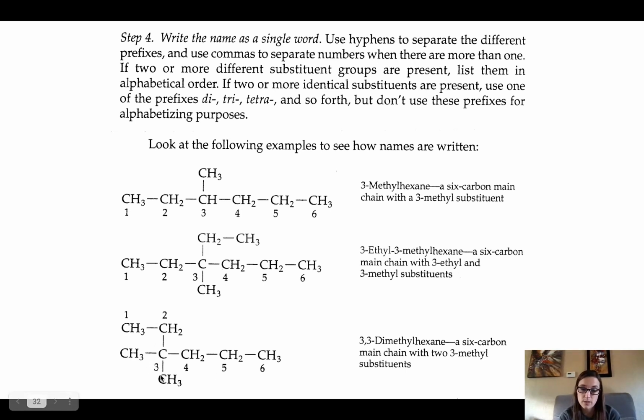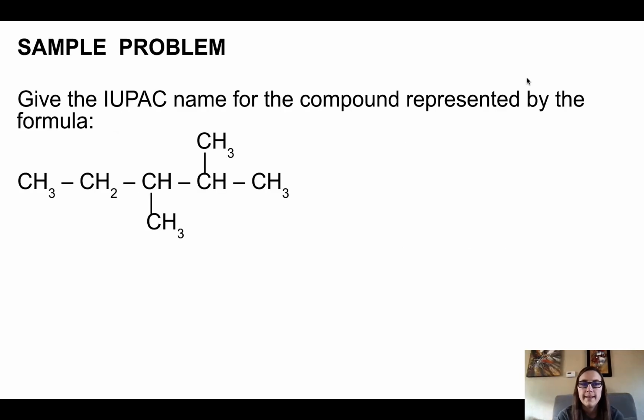We have these 2 substituents. This is a methyl group, this is a methyl group. So it's 3,3-dimethylhexane. Di means that there are 2 methyl groups. I want you to take a look at the next 3 sample problems. See if you can do them on your own, pause the video, and then come back to check answers.